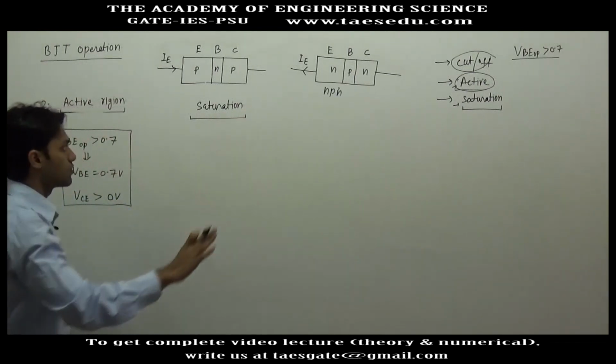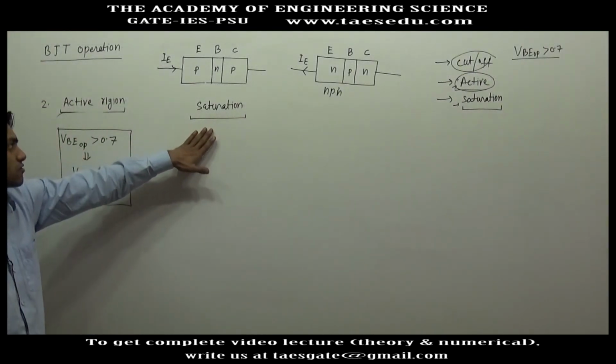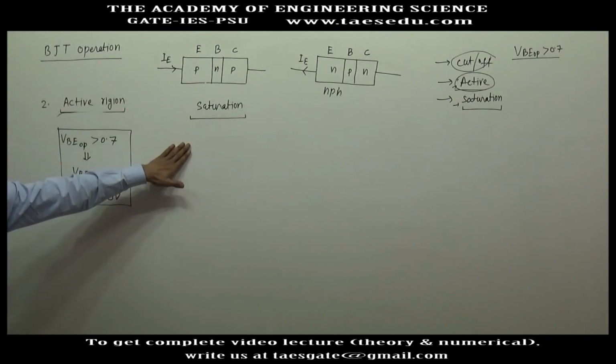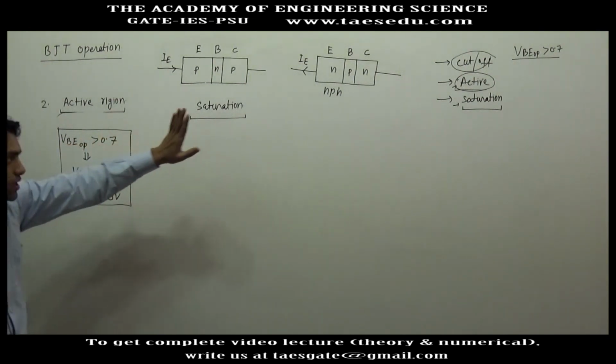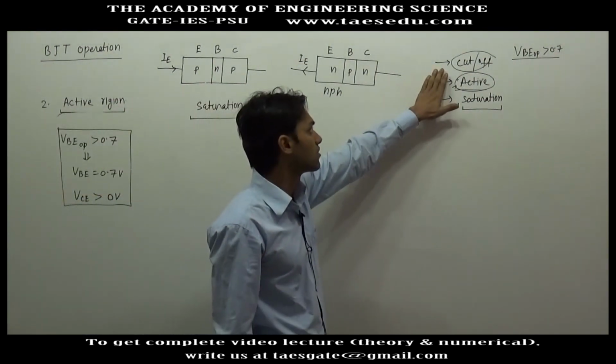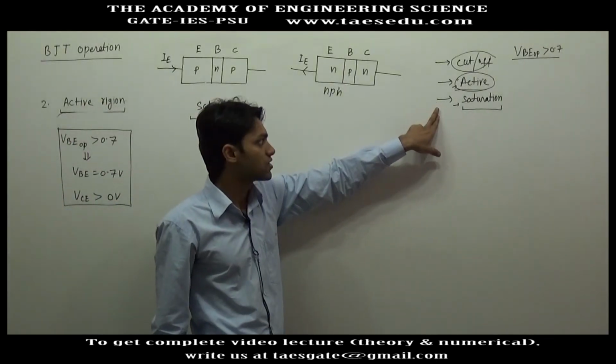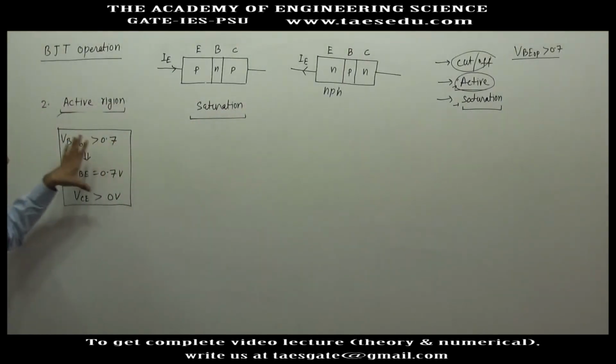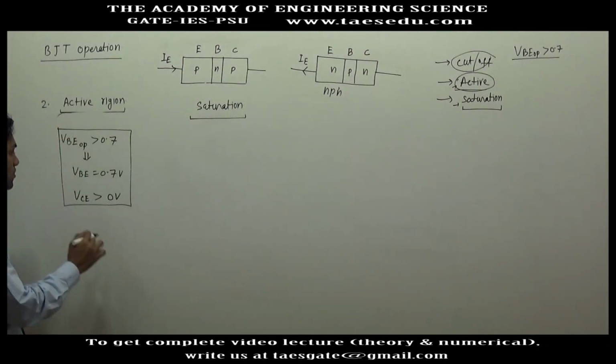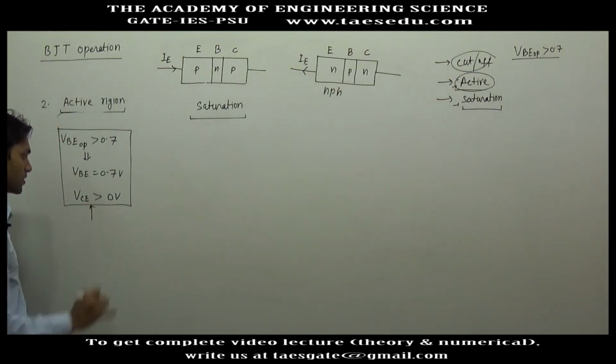Practically in questions we will not check for the saturation condition, because if the transistor is out of cutoff region, it will be either in active region or in saturation region. So now you will check for active region. If the condition of active region is not fulfilled, obviously the transistor will operate in saturation region.